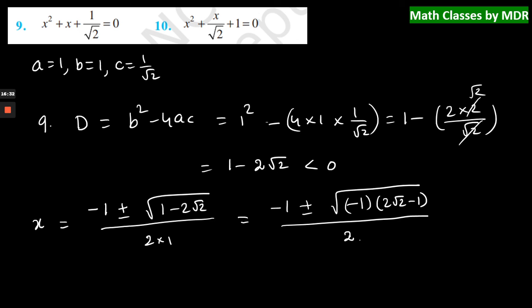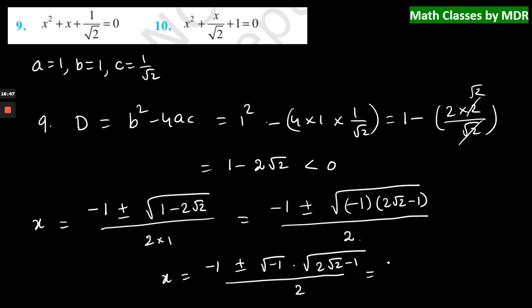Now we can take this root minus 1 out: minus 1 plus or minus root minus 1 into root of 2 root 2 minus 1. We can write this, correct? Therefore, minus 1 plus or minus root minus 1 is i, and this 2 root 2 minus 1 now is a positive value. Okay, we'll get a real number out of it, and this is the required answer for the ninth one.